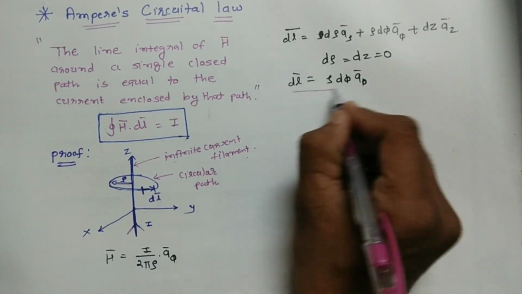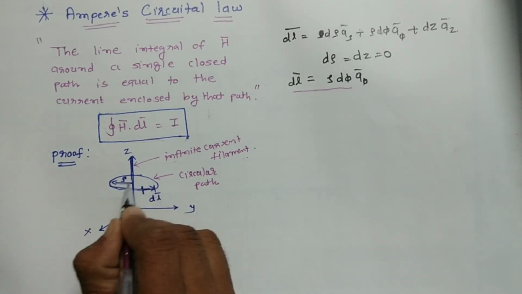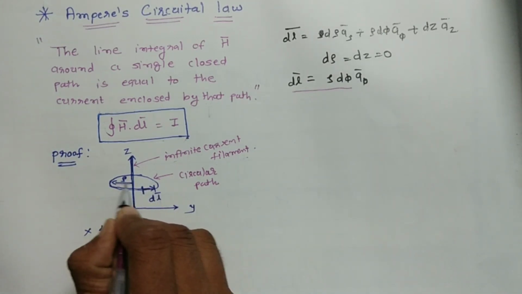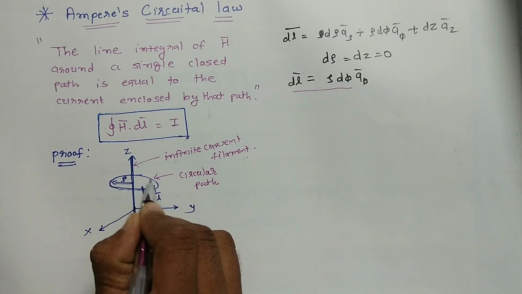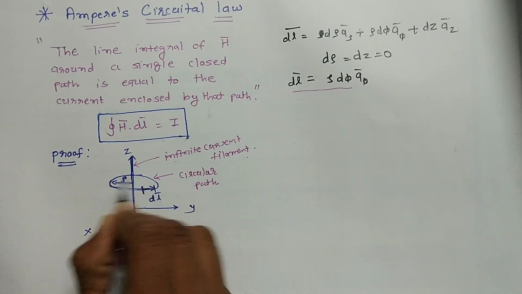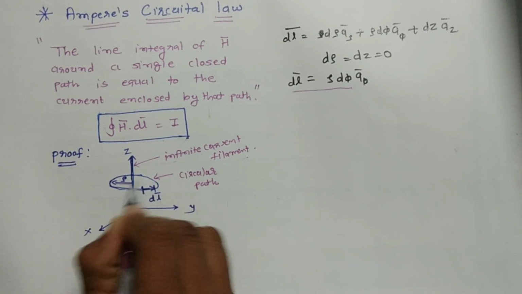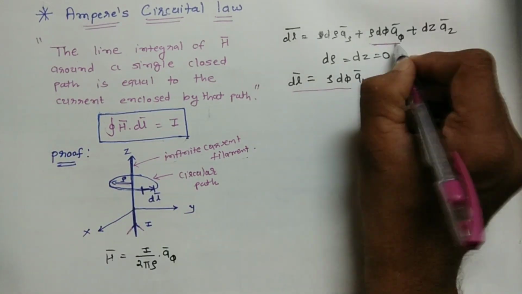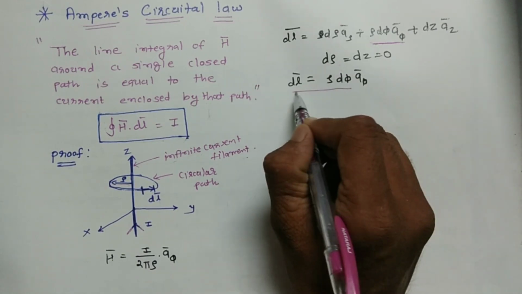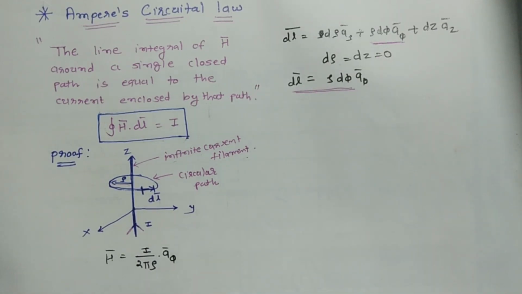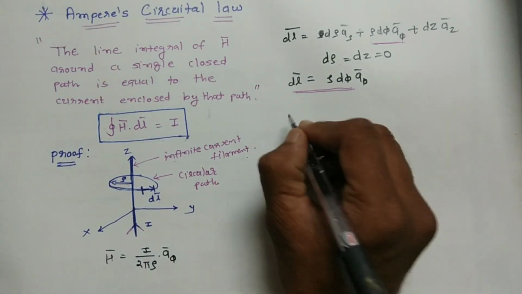I repeat again: in the circular loop the radius rho is constant and only the angle d phi changes, so we are considering only this portion, so d rho and dz are equal to 0, so dl bar is equal to rho d phi a phi bar.